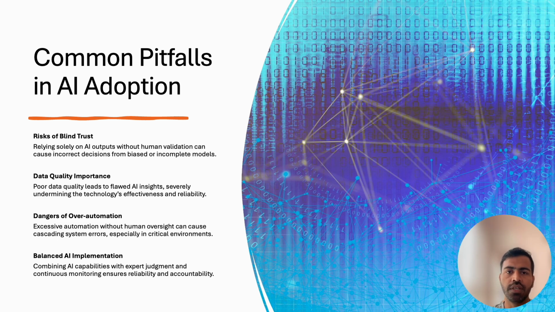Ignoring data quality issues undermines AI effectiveness, as inaccurate or inconsistent data leads to flawed insights. Over automation without human oversight can result in cascading errors, especially in critical systems.